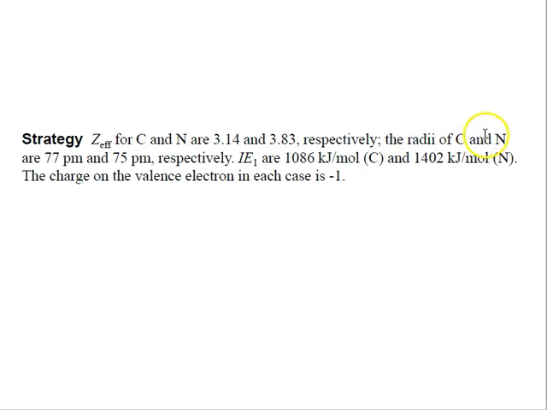The atomic radii of carbon and nitrogen are 77 picometers and 75. The ionization energy is 1086 kilojoules per mole for carbon, 1402 kilojoules per mole for nitrogen. The charge of the valence electron in both cases would be -1.